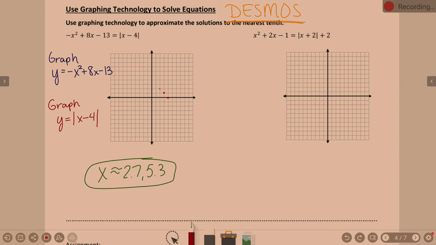I put the graph here so we could have something to draw, but really, it's all about using Desmos.